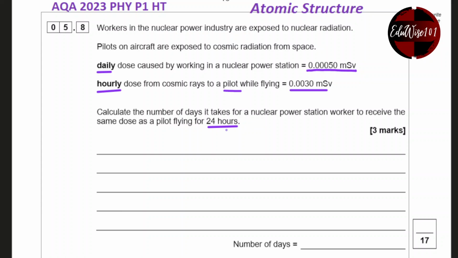So in 24 hours, if I multiply those two values, 0.0030 times 24, that gives me 0.072 millisieverts. That would be the daily dose of a pilot.